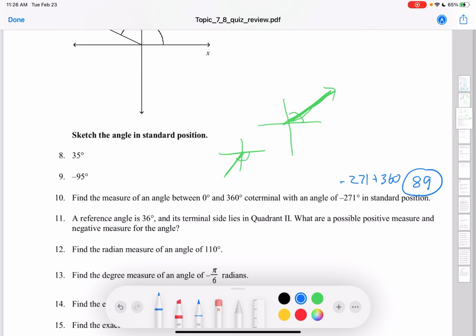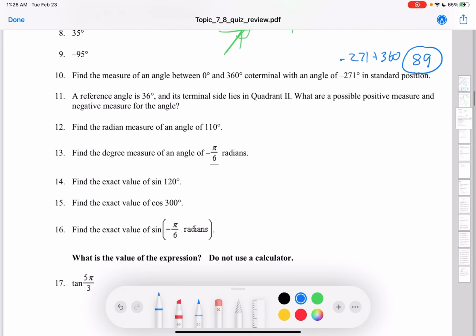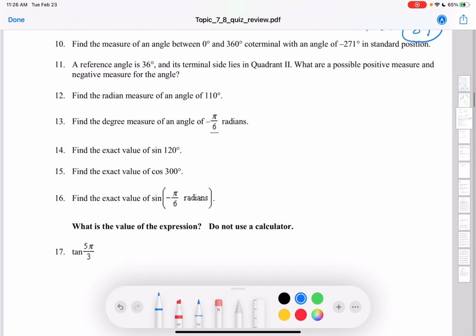Number 11 says the reference angle, let's move this up here. The reference angle is 36 degrees and the terminal side lies in the second quadrant. What are the possible positive and negative measures of the angles? You guys know I like to sketch things. So the reference angle is 36 degrees in the second quadrant, so that means it's right there. So this is 36.